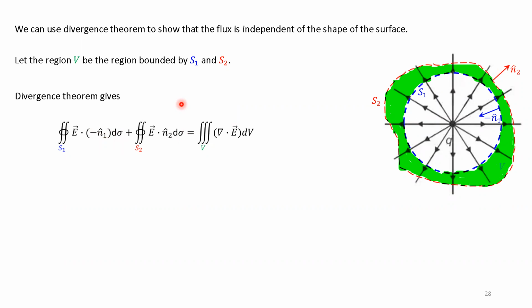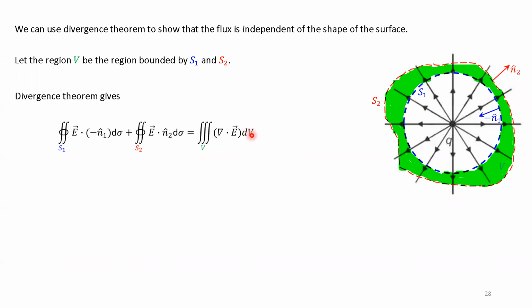So now, what do I want to prove? I actually want to prove that the two fluxes, the flux through the blue and the flux through the red, both pointing outward, are equal. To do that, basically I need the right hand side to be 0.